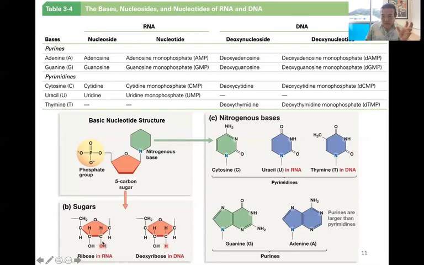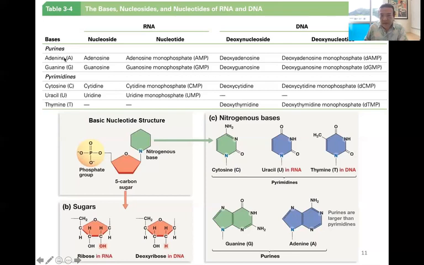And if you have a hydroxyl group at the C2 position in the ribose sugar, this is just ribose. But if you were to have just a hydrogen in that position, this is deoxyribose, because you got rid of the oxygen. So now it's deoxyribose. So 1 nitrogenous base, 1 ribose or deoxyribose, and then a phosphate group that, as I said before, is crucial because this is the backbone of the ladder.